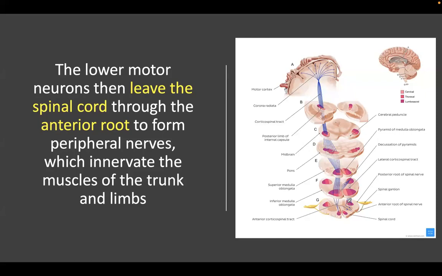Now, the lower motor neurons will now leave the spinal cord through the anterior roots to form the peripheral nerves. And it is the peripheral nerves that will innervate the muscles of the trunk and the muscles of the limbs.